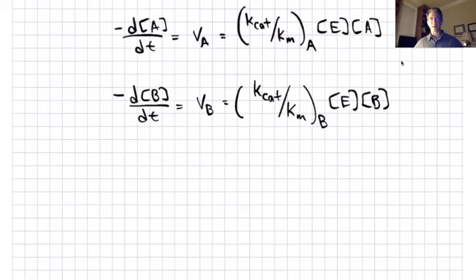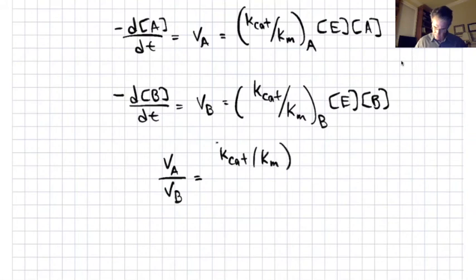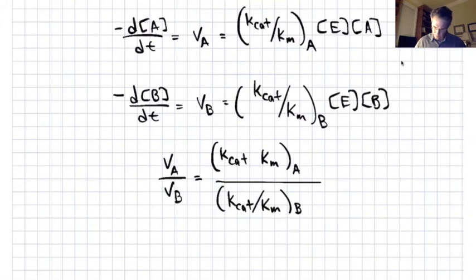Well, that's pretty easy, because all we have to do is take the ratio. We're under steady state conditions here, so the initial rate at which A or B dominates is just going to be equal to the ratio of those two expressions: the kcat over Km for substrate A divided by the kcat over Km for substrate B, times the amount of A I've got versus the amount of B I've got.